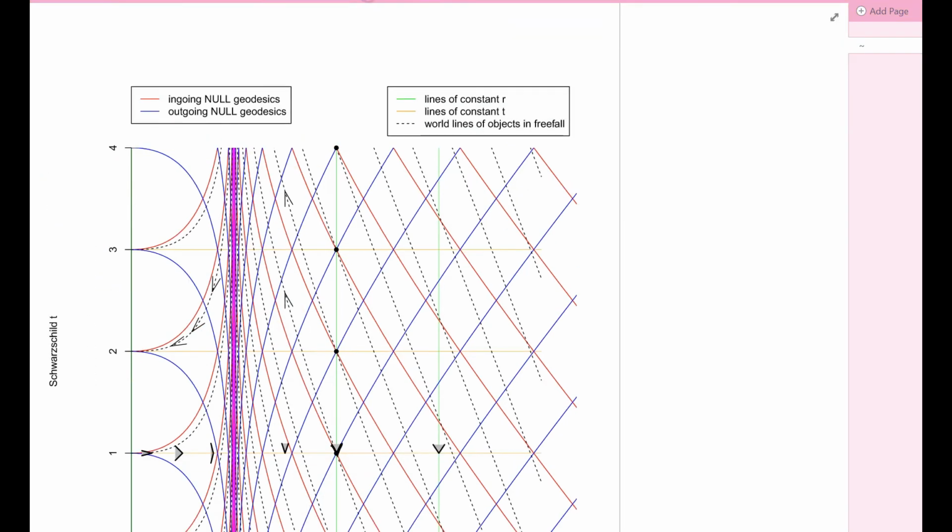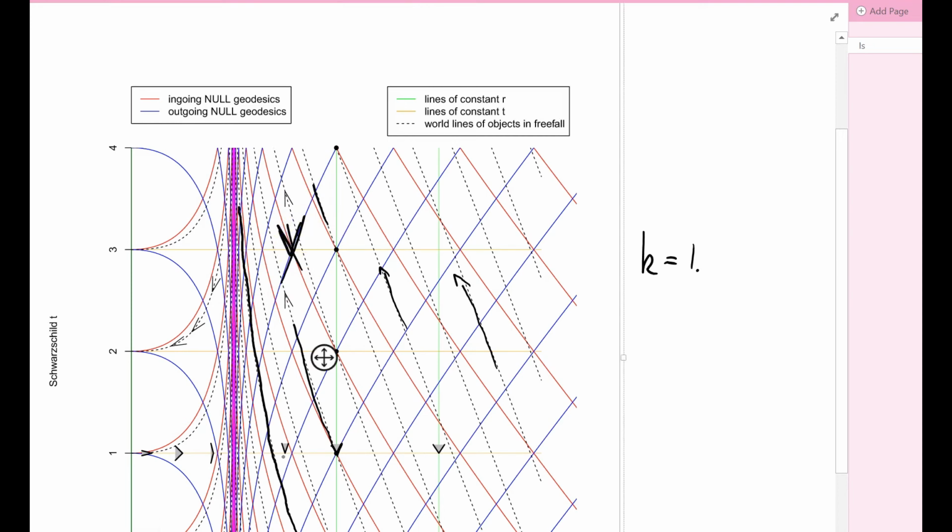It's exactly the same, except I've drawn these dotted lines here, which show ingoing geodesics corresponding to the case k equals 1, showing that the infalling objects also have this asymptotic behaviour. They're constrained. They can't go steeper locally than either the ingoing red or the outgoing blue null geodesics.